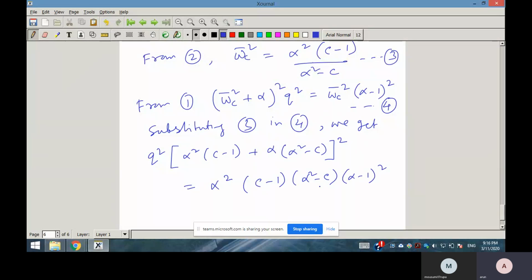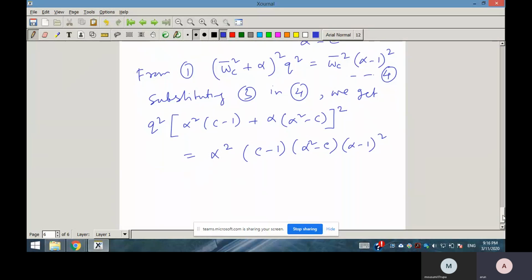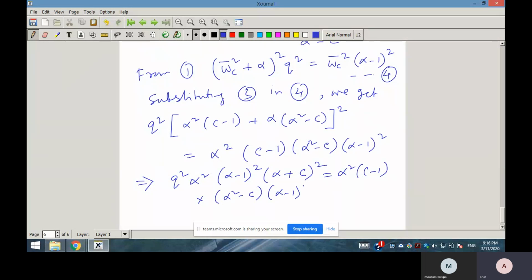So it is very algebraic in nature, so if you just check, you will get it. So if you simplify this expression, it will be like this: q square into alpha square into alpha minus 1 whole square into alpha plus c whole square. This is equal to alpha square into c minus 1 into alpha square minus c into alpha minus 1 whole square. Now alpha is not equal to 0 and alpha also not equal to 1.